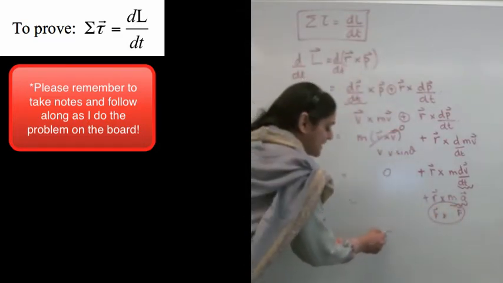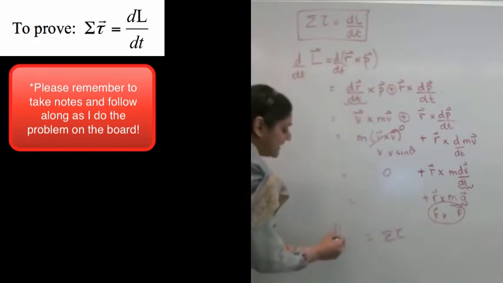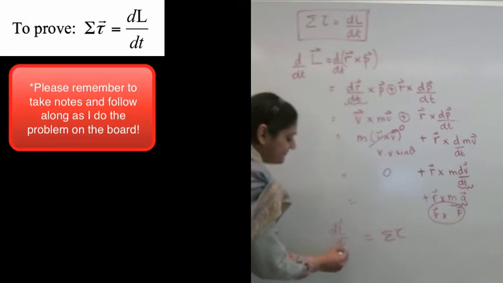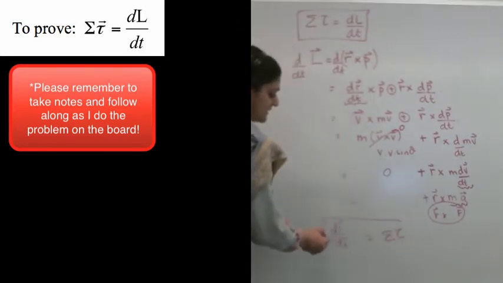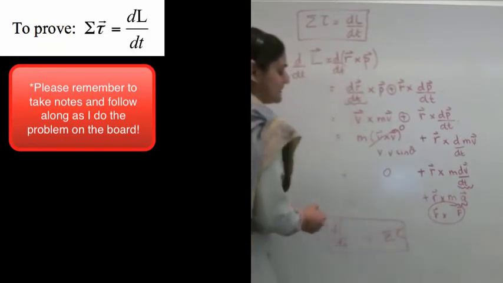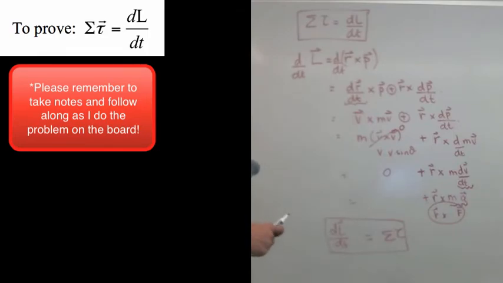This side becomes the sum of the torques, and this side we get dL over dt. Hence, we have proved that the rate of change of angular momentum, dL over dt, is equal to the sum of the torques.